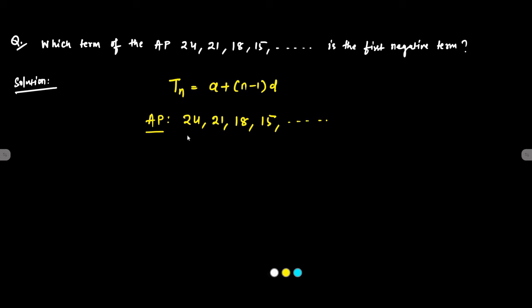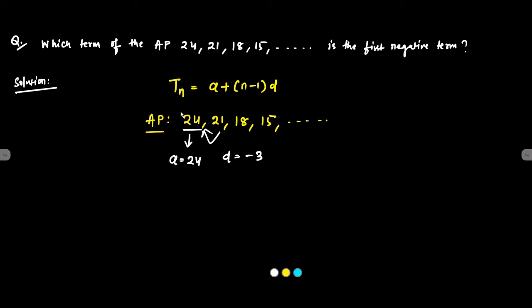Here the first term is 24, and the common difference is equal to minus 3. So it's a decreasing sequence. So these are the two important components: first term 24, common difference minus 3.